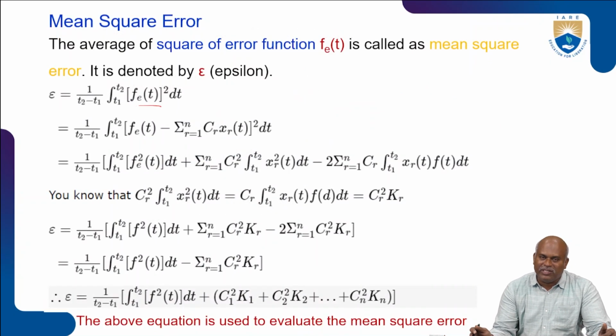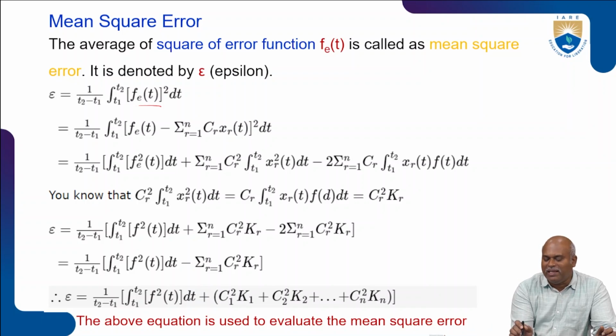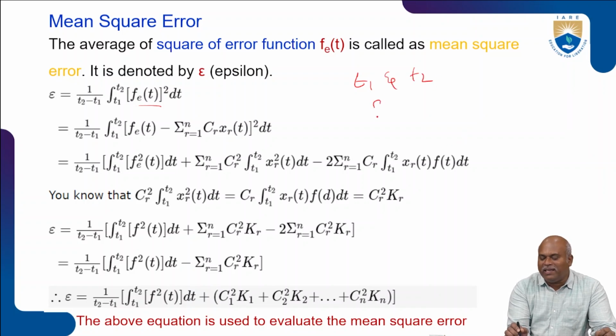The epsilon value is equal to 1 by (t2 minus t1), where the time interval of the signal is t1 to t2. At the same time, the signal we take for f_e(t) is equal to f(t) minus c_r x(t), as we studied.